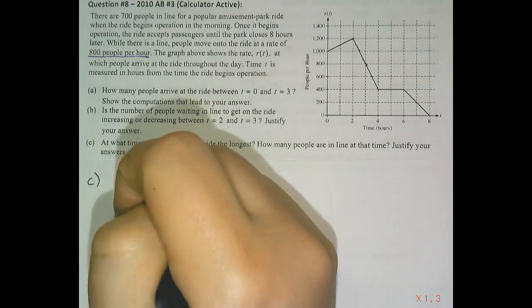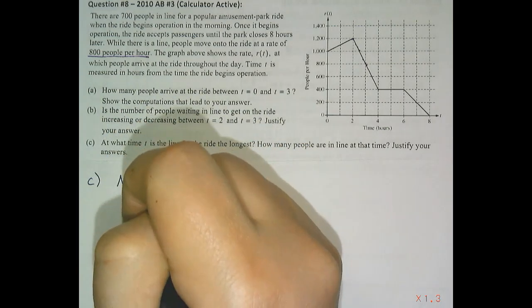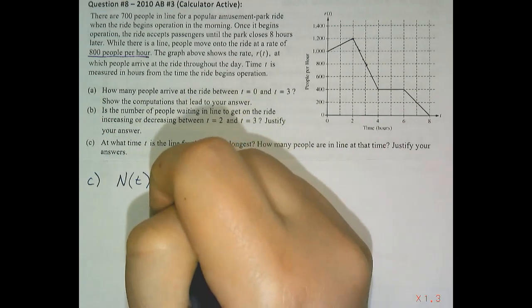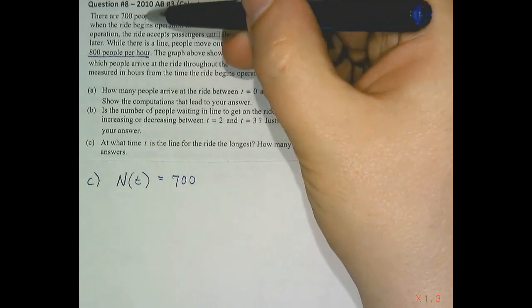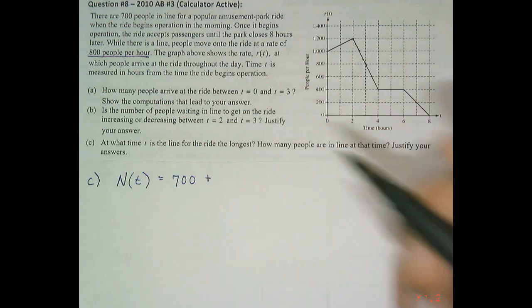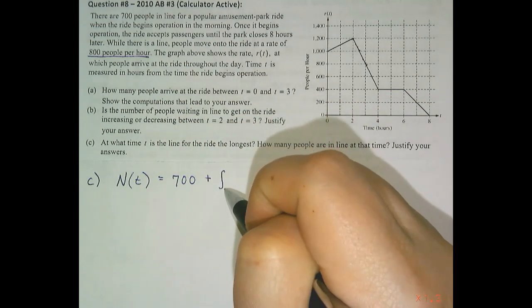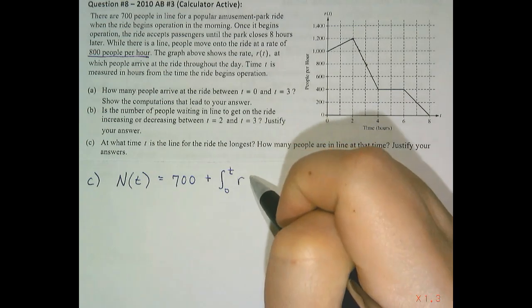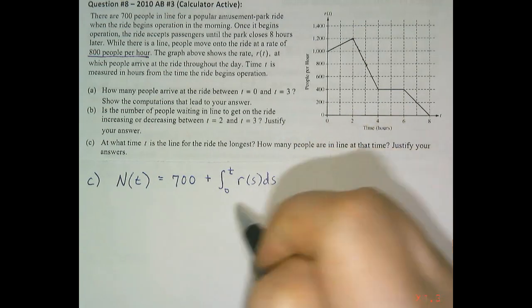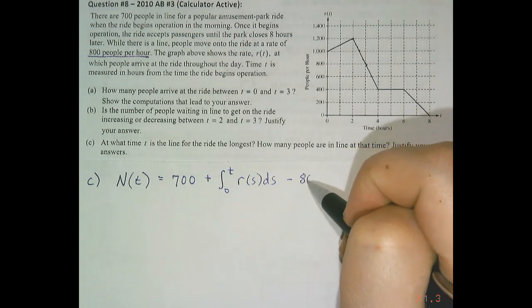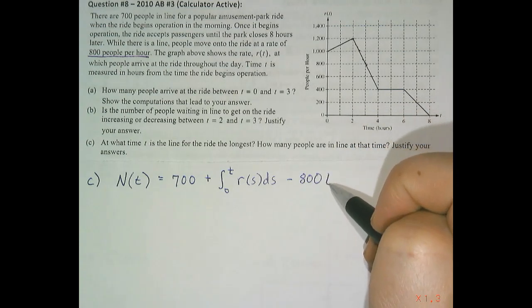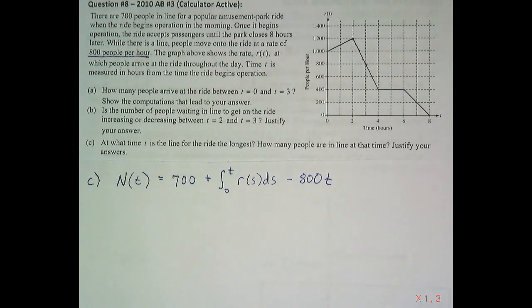It's a little more mathematical than the second approach, but the number of people in the line at any given time is equal to, well, we started with 700 people in the line at the beginning, and to that we are accumulating the integral from 0 to t of our rate function r of t of people being added to the line, and from that we are losing 800 people per hour getting onto the ride. So this tells us the total number of people at any given time t.